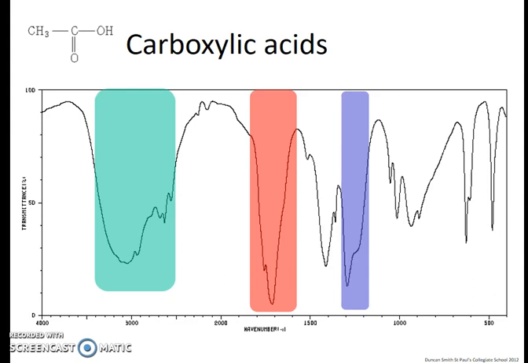Now, you also have an OH bond present in a carboxylic acid, but the presence of the carbonyl group, the C double bond O, has the effect of really broadening that peak. And so what happens is the OH stretch from the alcohol, which is on the left-hand side of this green shaded area, and the carbon-hydrogen peaks end up merging together.